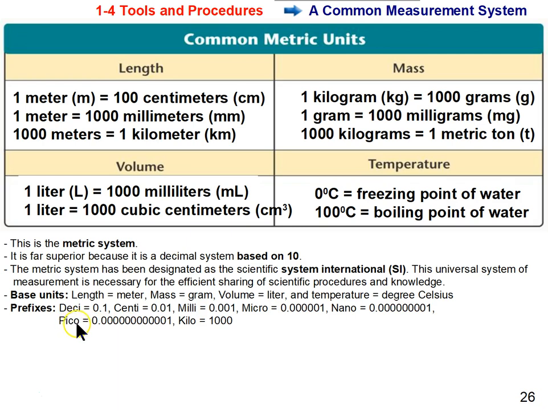Extremely small, and I wouldn't be at all surprised if you've never heard of a picometer. I don't think I ever heard of it until I got to college. And then the kilogram or kilometer, kilo means 1,000, right? So kilometer is 1,000 meters, and a kilogram is 1,000 grams.